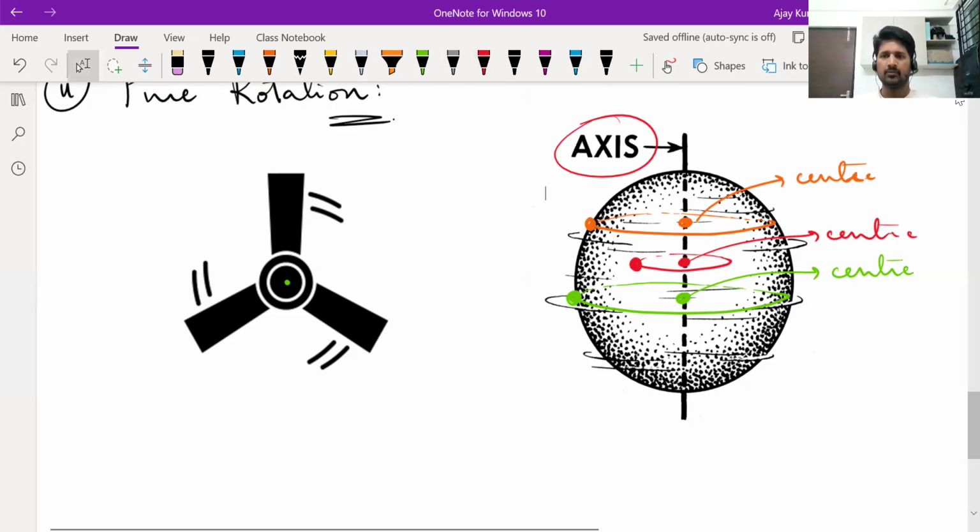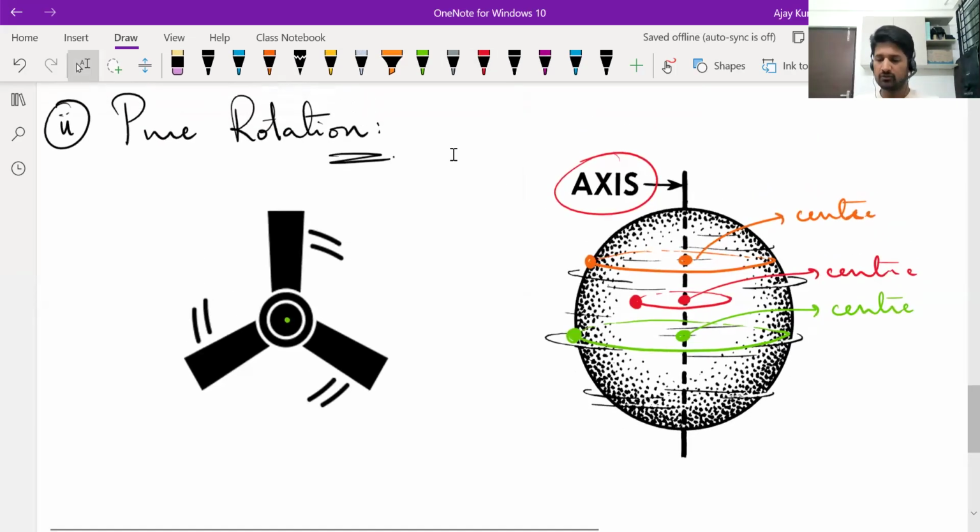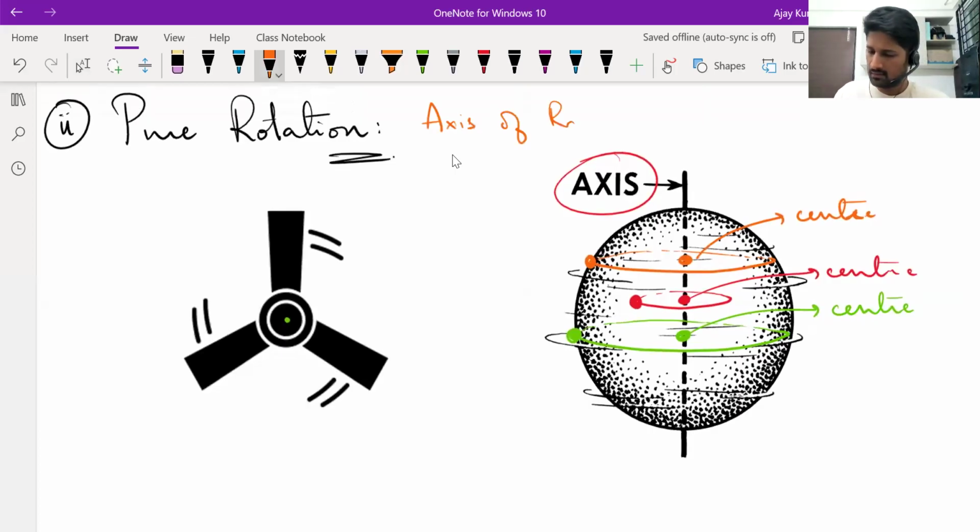And when do we call it pure rotation? When the axis of rotation is fixed. Fixed means it must be stationary. So you all tell me, is the Earth's motion pure rotation?